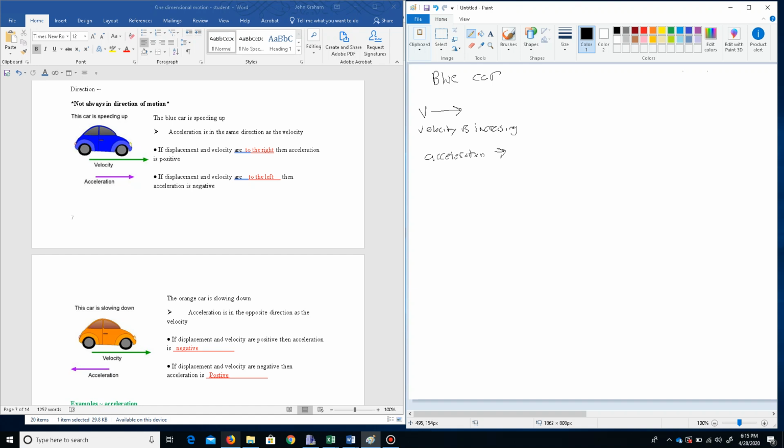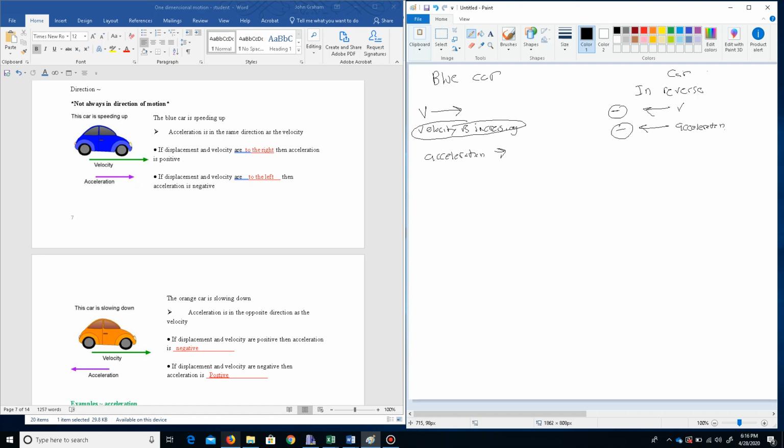If we have instead, let's say, this car is in reverse, we have velocity going this direction, we're going to call that the negative velocity. So we're backing up, but as we back up, we're speeding up. So we're still increasing the velocity, and then we'll have a negative acceleration. But the key here is your speed is still increasing.